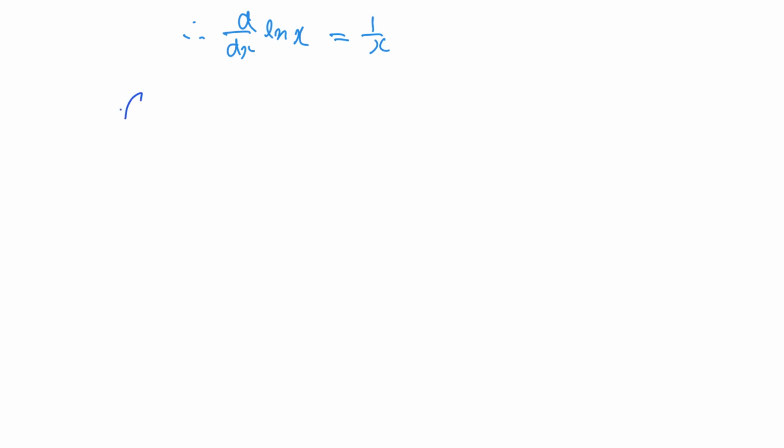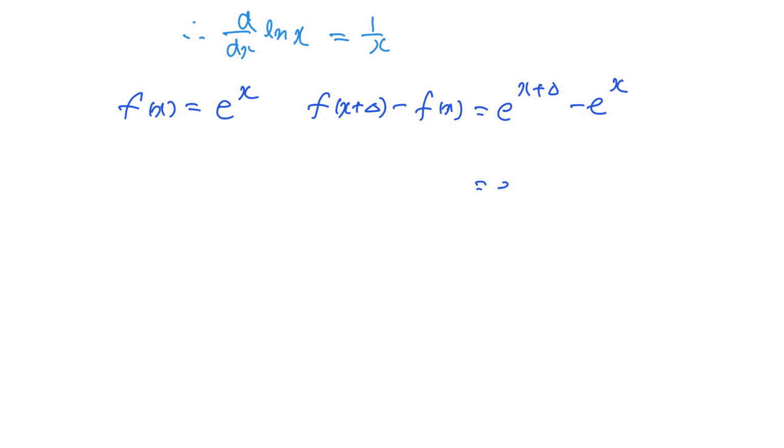How about when f(x) is e to the x? f(x plus delta) minus f(x) is e to the (x plus delta) minus e to the x, which is e to the x times (e to the delta minus 1).